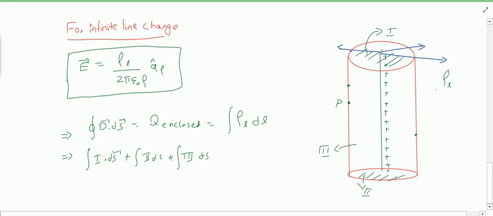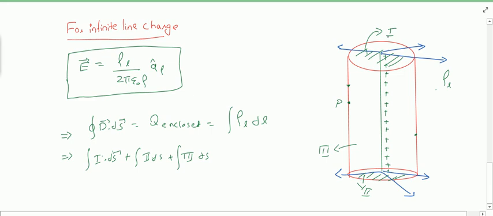For the bottom surface also, the electric field intensity or the electric flux density is in the rho direction only. So the top and the bottom surface will have only a tangential component.